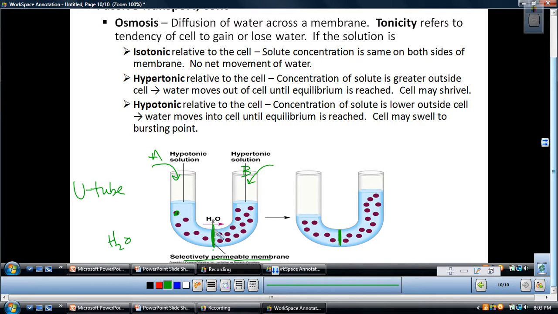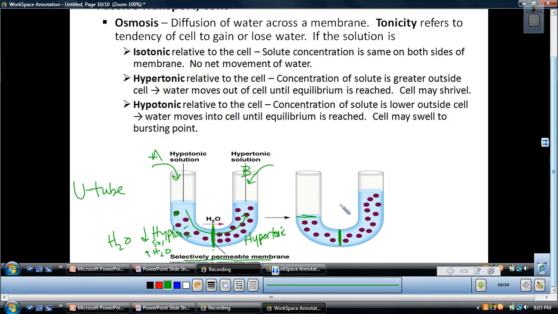They would meet in the middle, but because side B, look at my term, is hypertonic, meaning more solute, this side is hypotonic, meaning less solute. If it's less solute, it's high in water. Water will move from high to low, and so water will actually move from side A into side B.